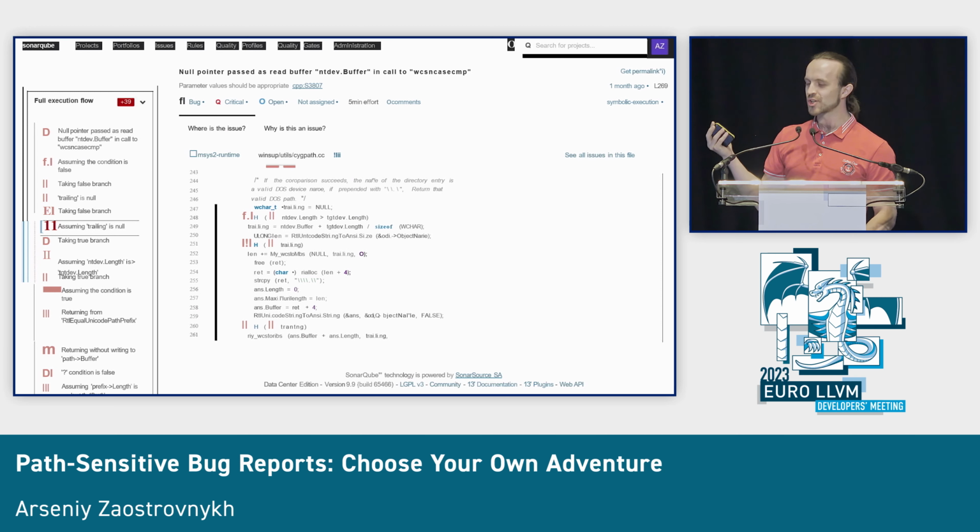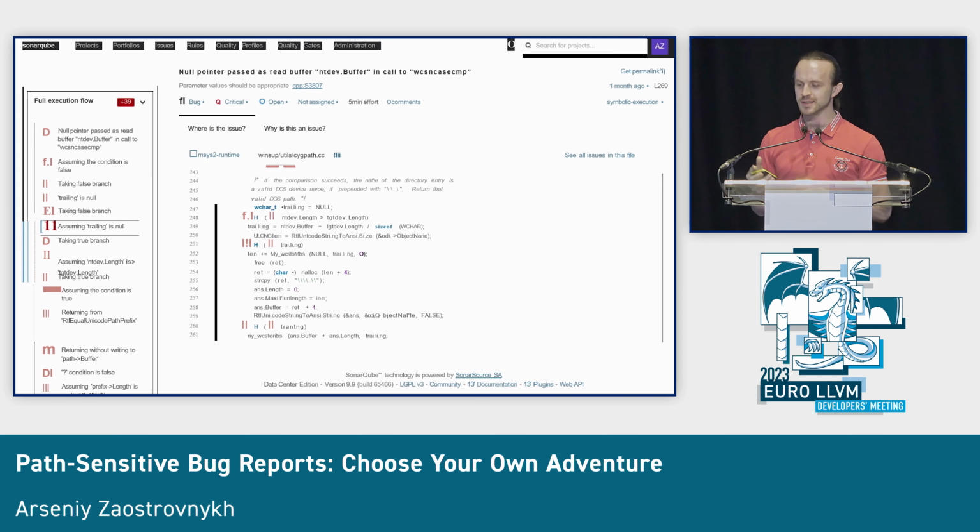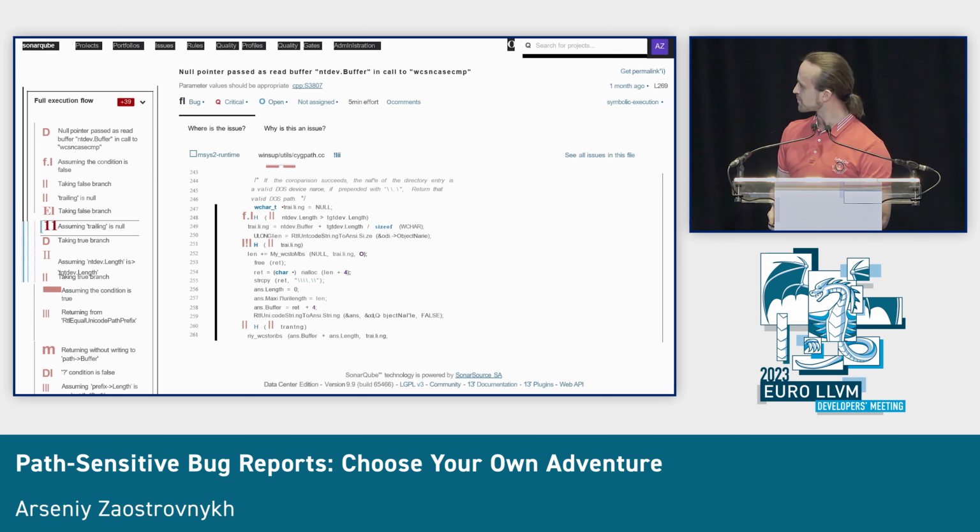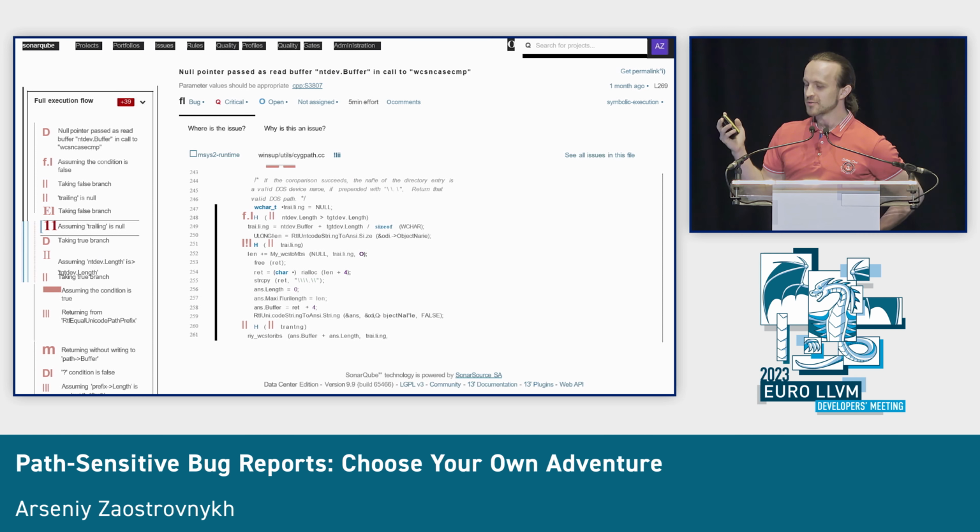It says that the trailing variable is assumed to be null, but there is absolutely no information in the flow what the trailing variable has to do with the anti-def buffer. And that shows that whatever the flow, even if it's so long, it might still miss important details.